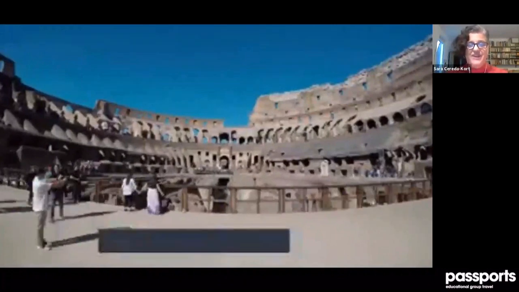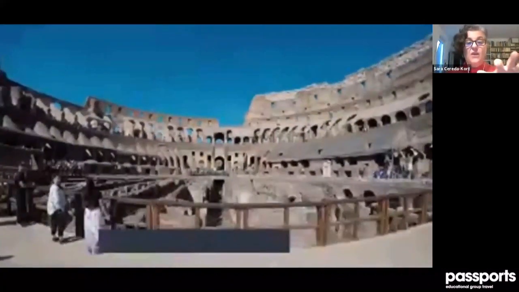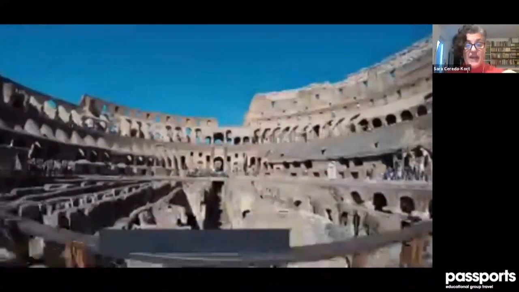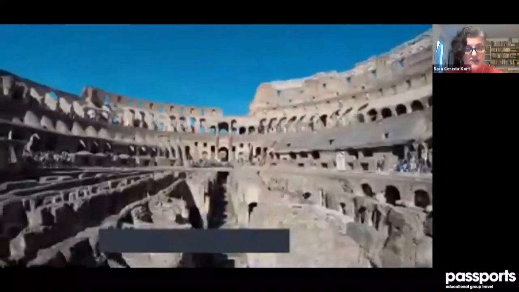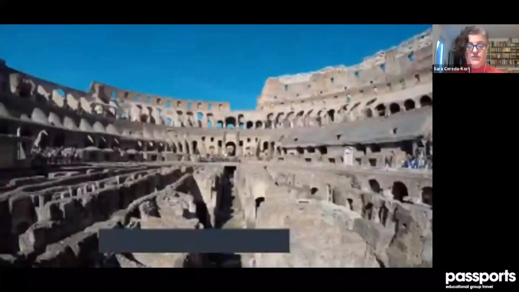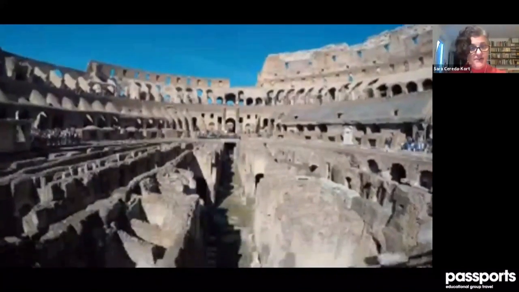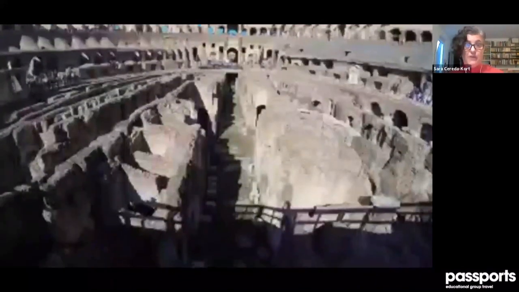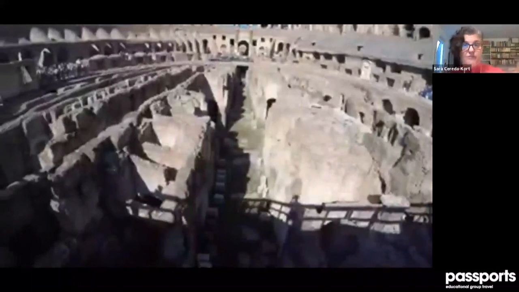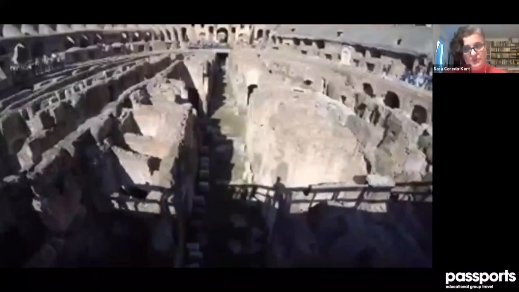And if you have a look now, we are going to see the basement, the underground part with all these tunnels, and this is where the cages of the animals were, and the gladiators, and they would be brought up then to perform a life and death performance for the public in this area.